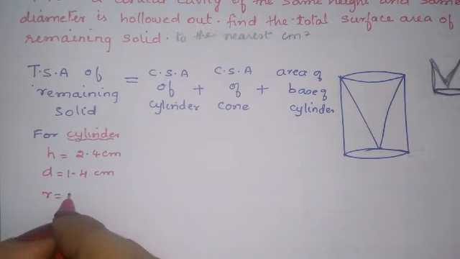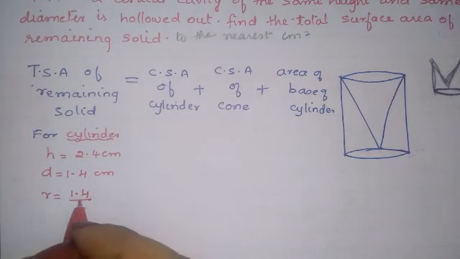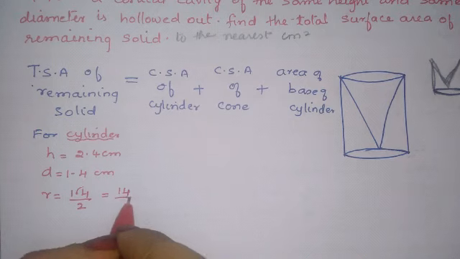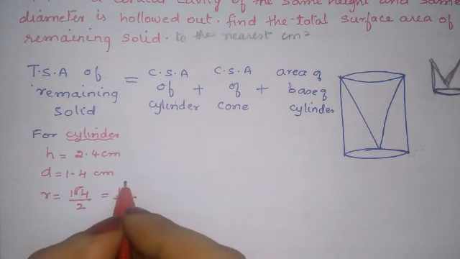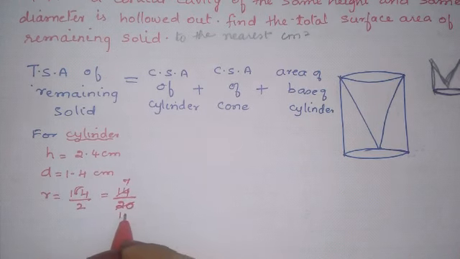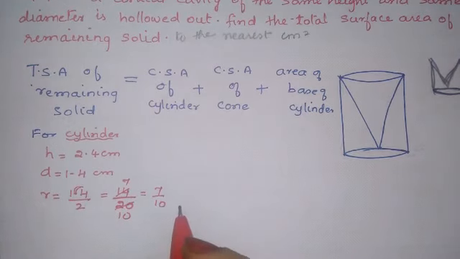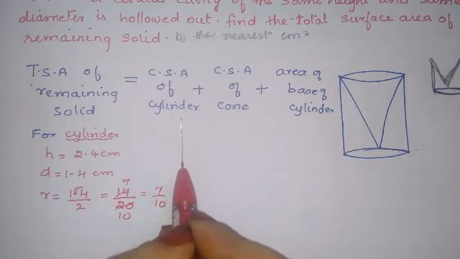Then radius is 1.4 by 2. If we remove the point, it becomes 14 by 20. 2 7s are 14, 2 10s are 20. That is nothing but 7 by 10, which is the radius. Okay, this is about the cylinder.